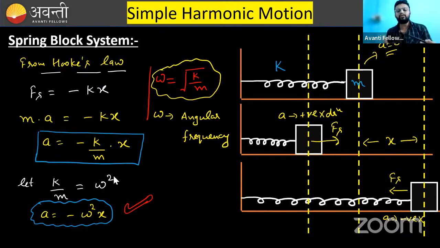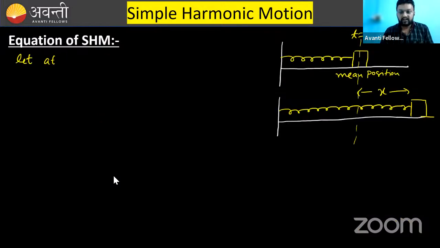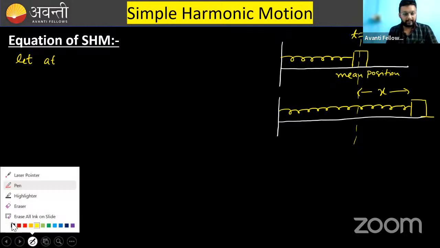The time when you start seeing the motion may be when the block is at the extreme position, at the mean position, or somewhere between those two points. So for simplicity, at t equals to 0, the particle is at the mean position. Clear?